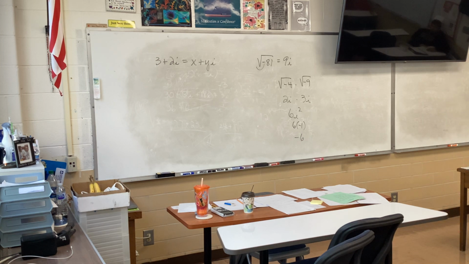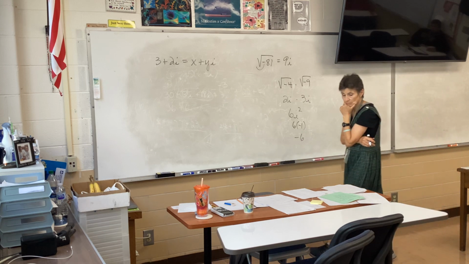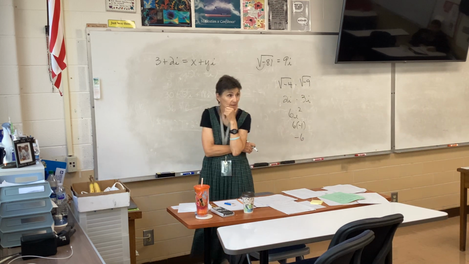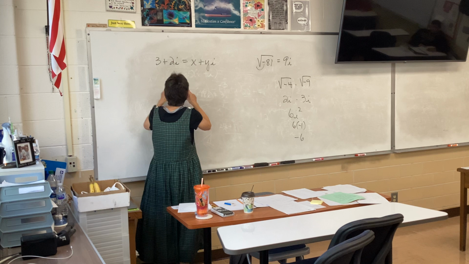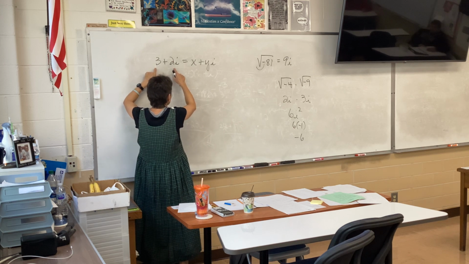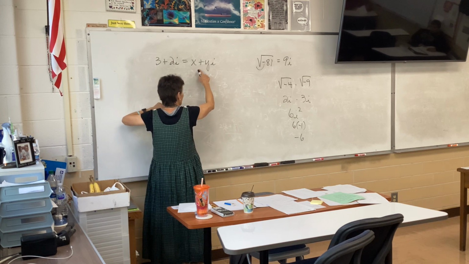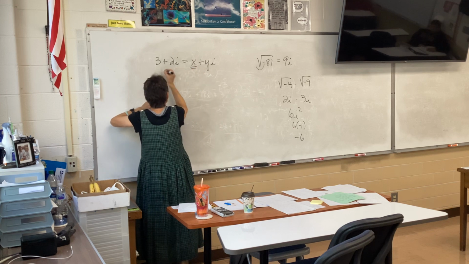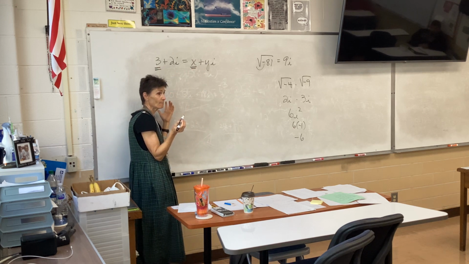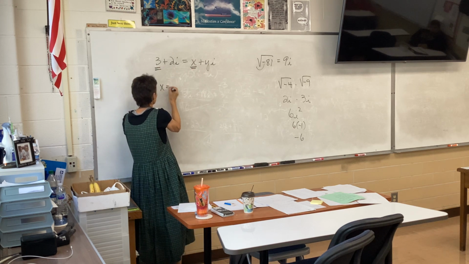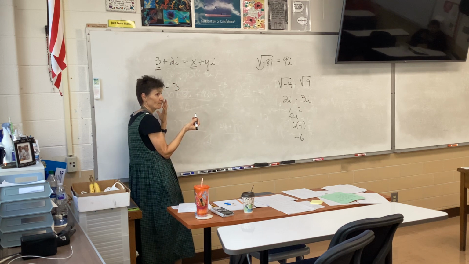Look at it and what makes sense. What just makes sense if these two things have to equal each other? What do you think x equals? 3. Exactly. Don't you have 3 plus 2i equals x plus yi? Doesn't it make sense that 3 and x are the same? And then what's y? 2.